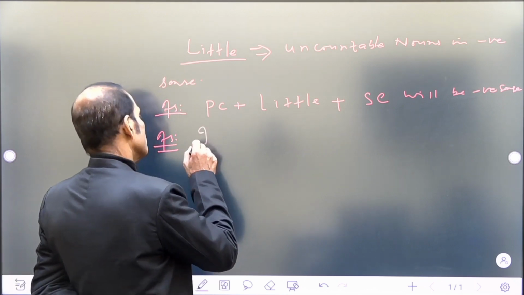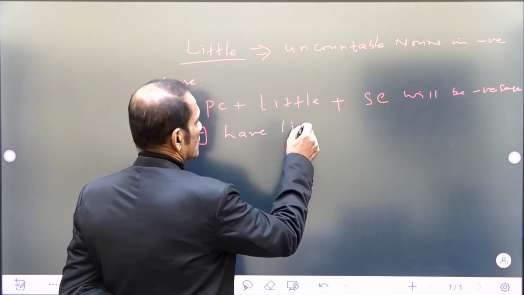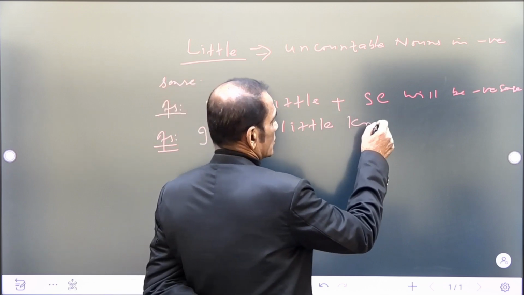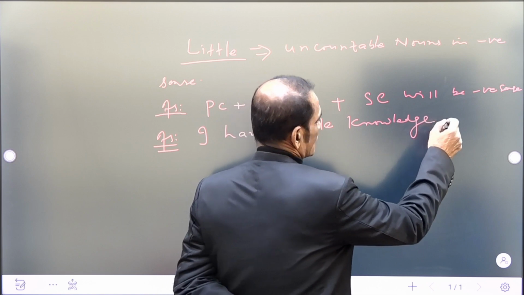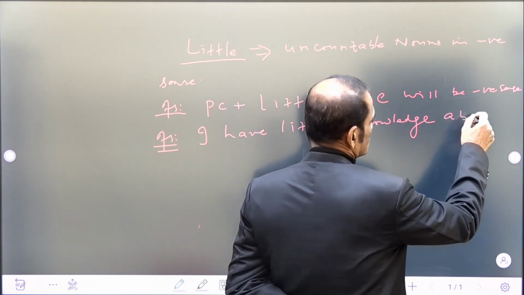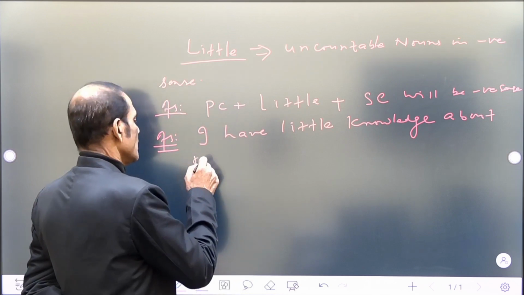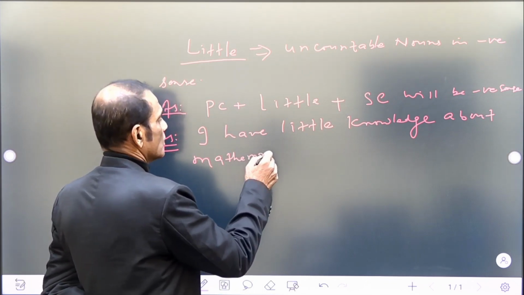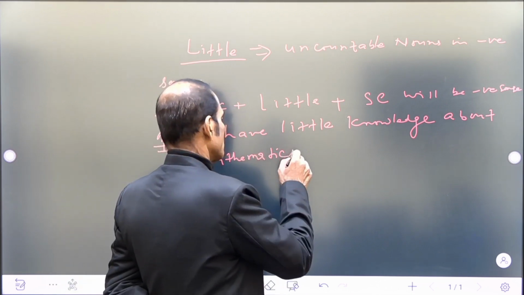For example, I am clearing here as: I have little knowledge about maths or mathematics. You can say both.